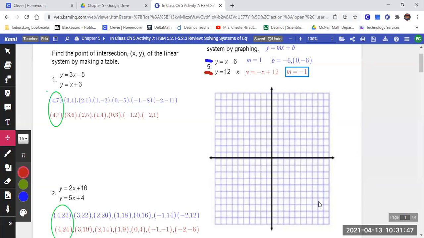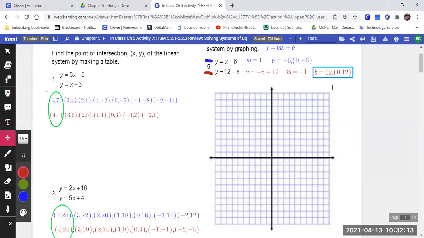Because I don't see a number, I just see a negative sign. So that must mean it was times by 1, but it was times by negative 1. Nice catch. Okay, what's my b for the second one? As a number and a coordinate. 12, and that would be a 0, comma 12.